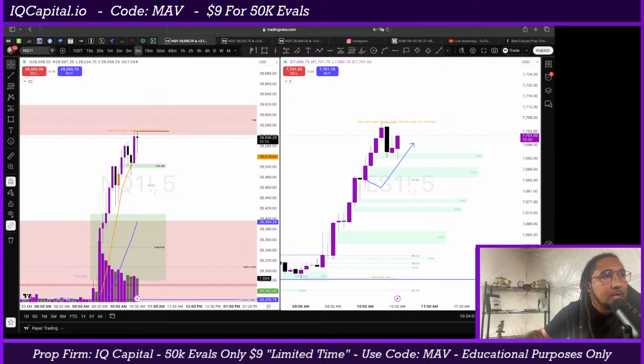But we're currently in a higher time frame bearish PD array on NQ. So let's see if this is enough to push both of them down so that they can get in alignment with each other, and we'll see some smoother price action.